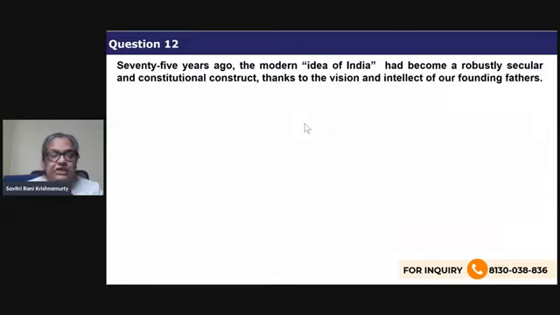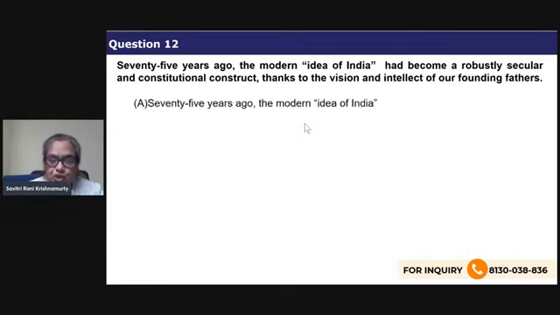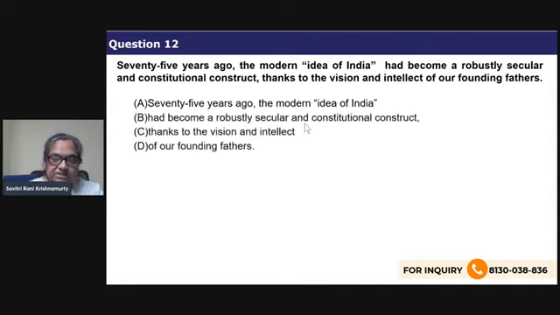All right, now let's look at the sentence. 75 years ago, the modern idea of India had become a robustly secular and constitutional construct, thanks to the vision and intellect of our founding fathers.